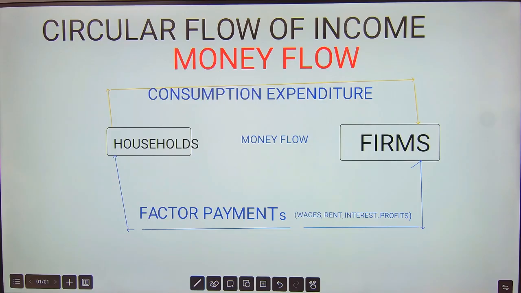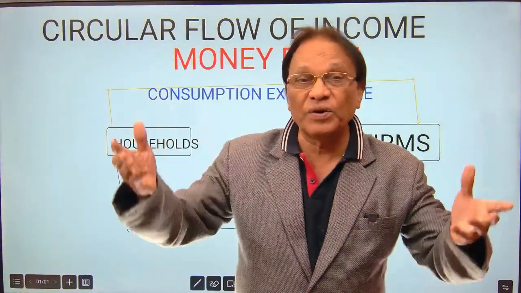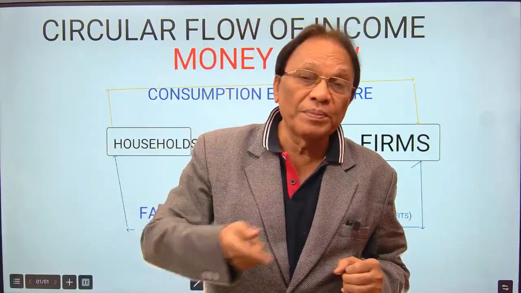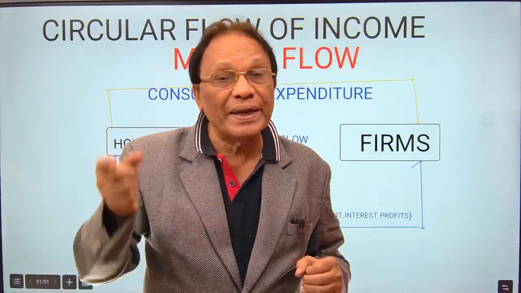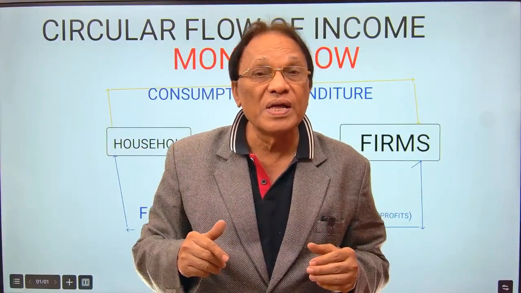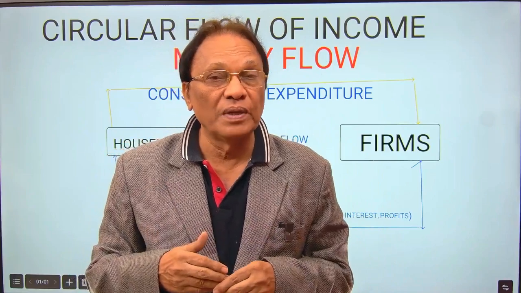That's why it is called circular flow of income. I repeat once again. Why do we call it circular flow? Because the income or the money is flowing in a circular manner from one sector to the other sector.